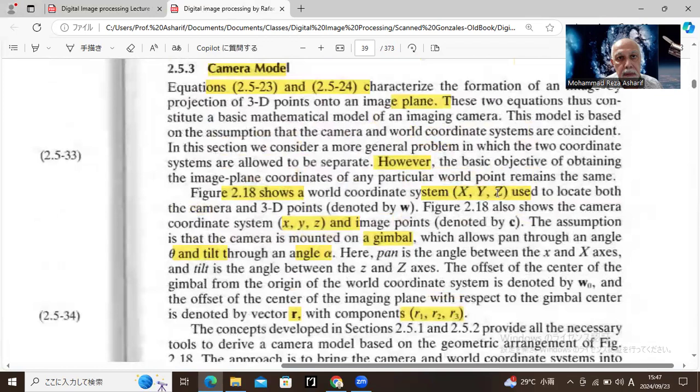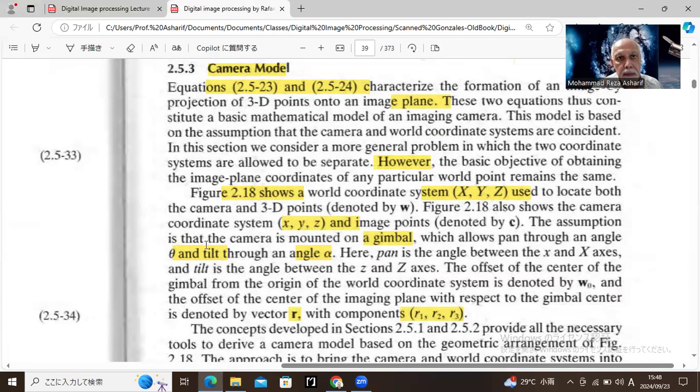The coordinates X, Y, Z are used to locate the camera 3D point, denoted by W. Figure 28 also shows the camera coordinate x, y, z, and image points denoted as C.